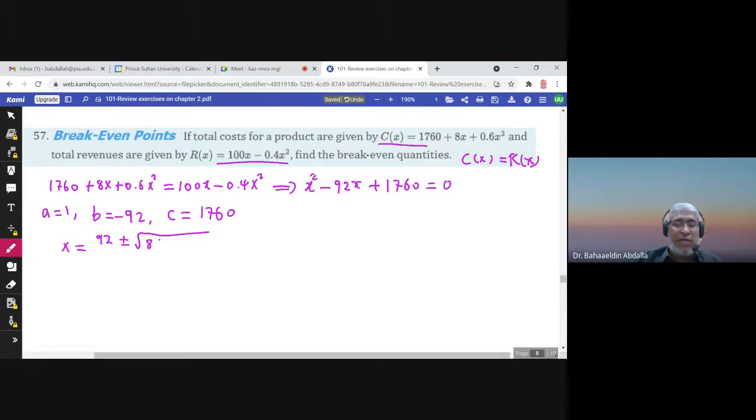It's 8464 minus 4 times a, which is 1, times c, over 2 times 1, which is 2. So 92 over 2, that's 46, plus or minus square root of 8464 minus 4 times 1760, that's 1424.